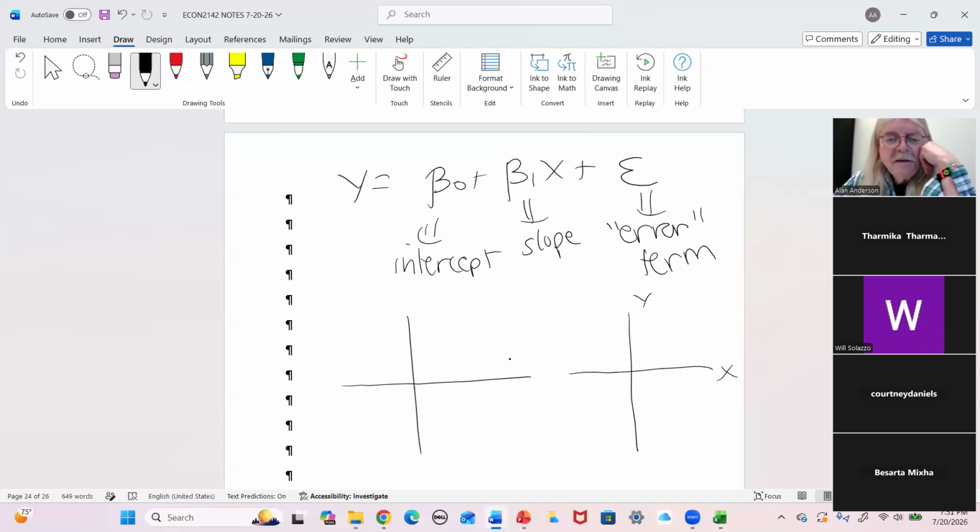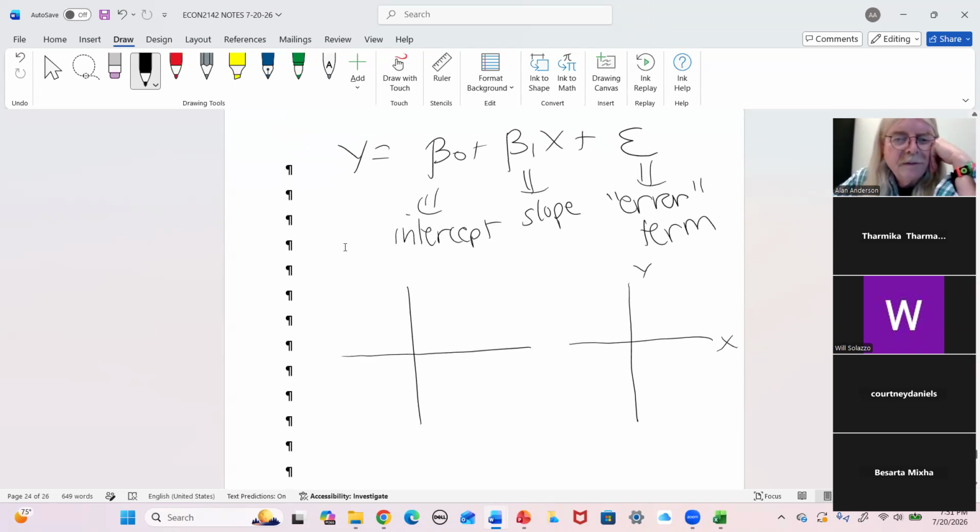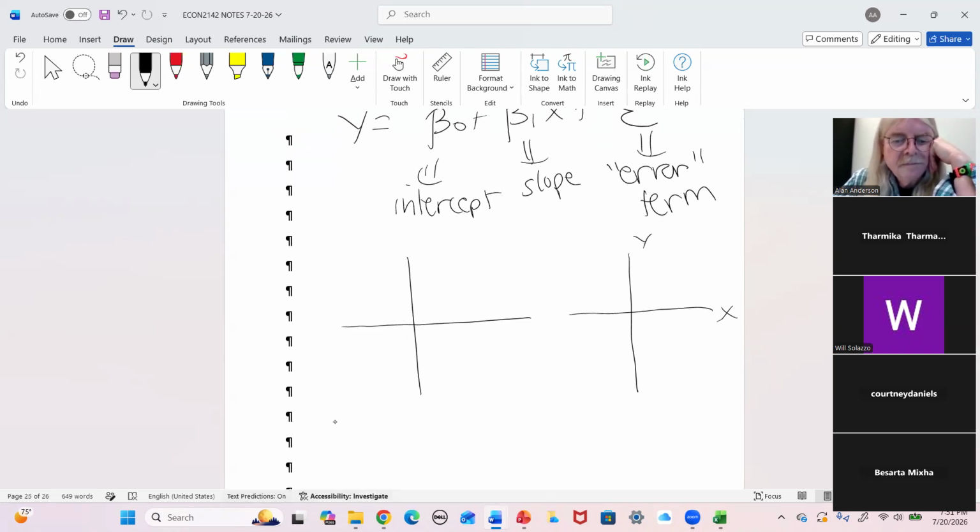So let's say you probably remember, this is the relationship between Celsius and Fahrenheit.